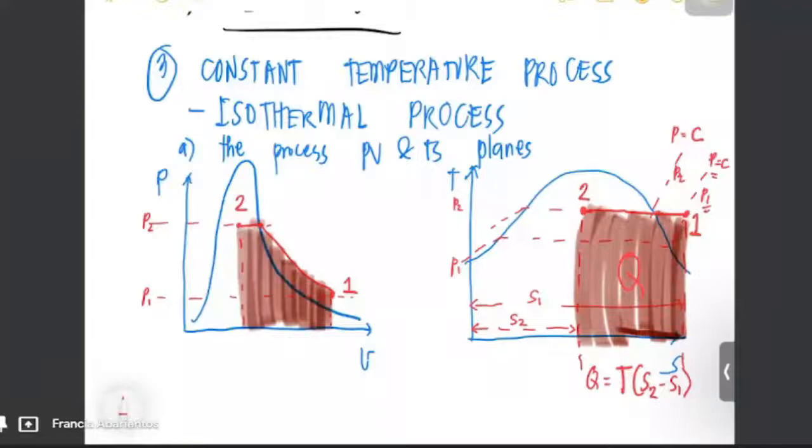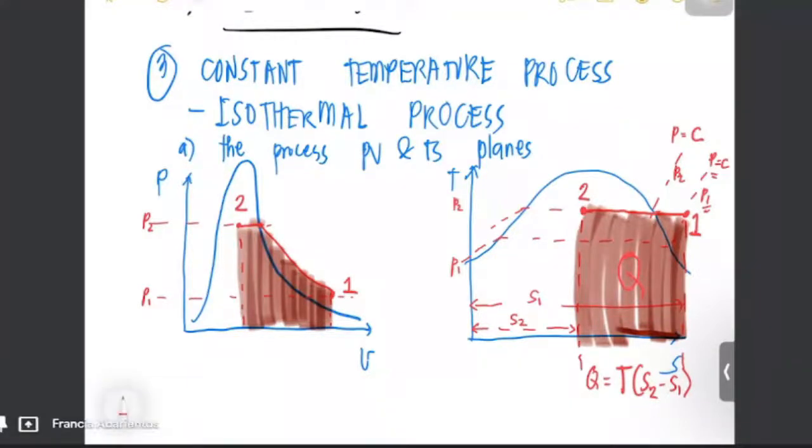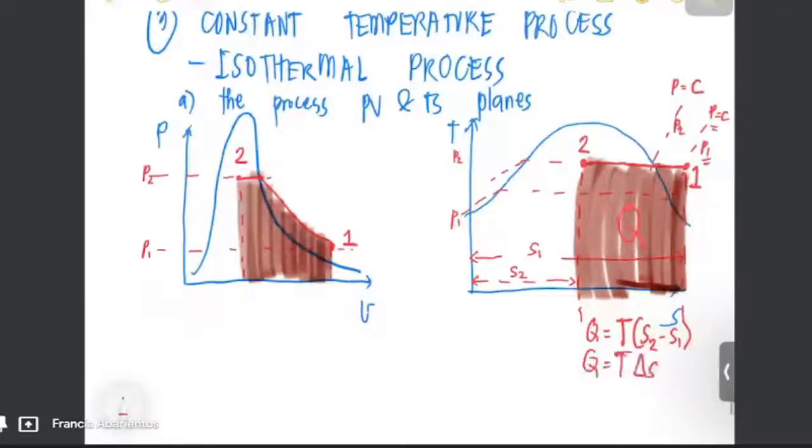Okay. Sometimes, class, it's negative, sometimes positive, depending on the point, from point 1 to point 2. The change in TS. So, usually Q is equal to T times the change in S. Okay? So, that is now the constant temperature process or the isothermal process.